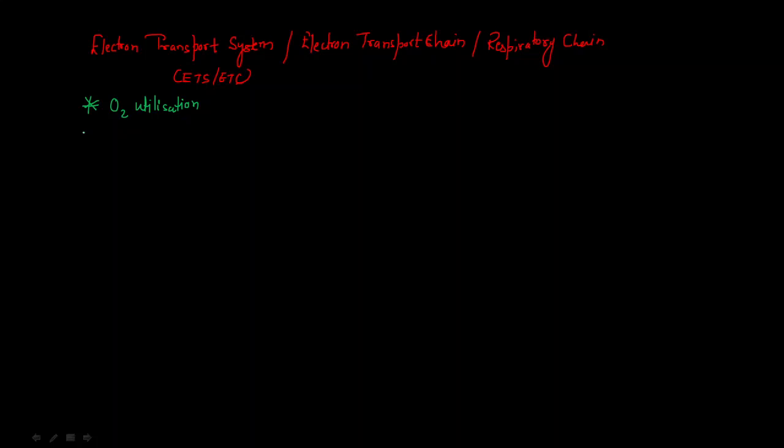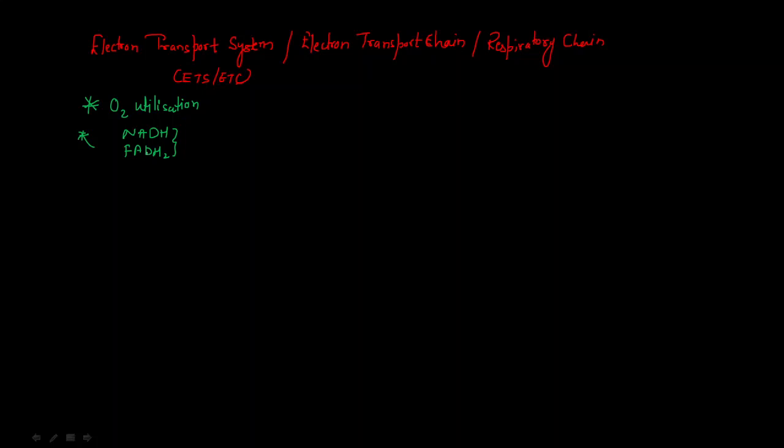Okay, and why is this electron transport system actually required? Well, if you remember, in the previous glycolysis step, the Krebs cycle, or the acetylation reaction step, certain high energy molecules like NADH or FADH2 were being formed.